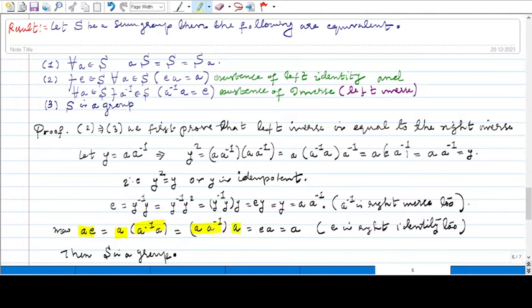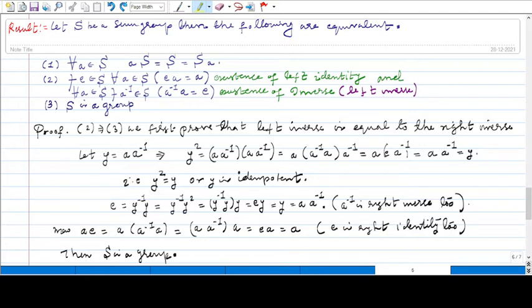And now I have already proved that a a inverse is also equal to e. That means e times a, which is a, using the left identity property. So I have proved ae is equal to a, which is equal to ea. That is, it is the right identity in S. So the left inverse is the right inverse, and the left identity is the right identity.